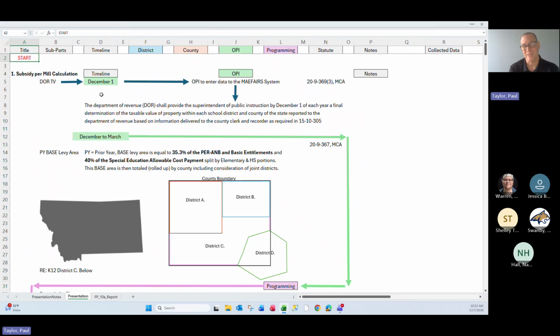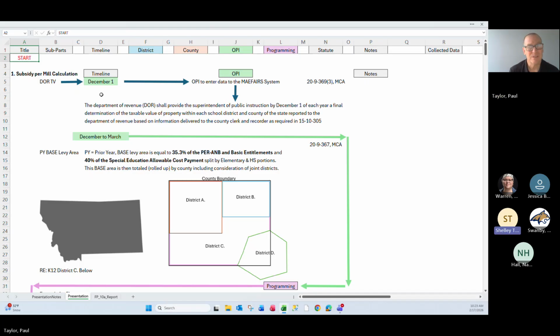They send it to us and they don't change it. That's why we use the December 1 for determining subsidy for mills rather than the August one, because the land value won't be equal at elementary and high school on occasion. Did I get that right, everybody? I think so. Okay. Yeah. Did I answer your question, Shelley?